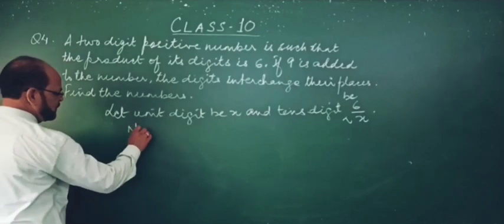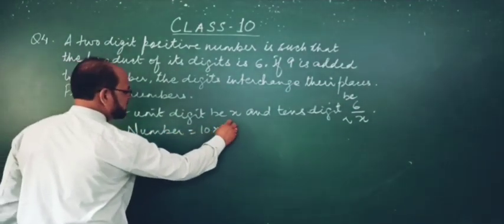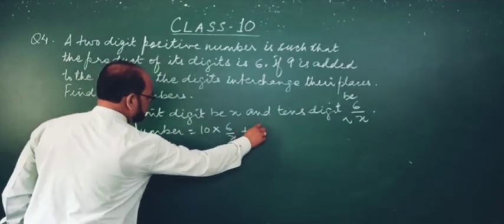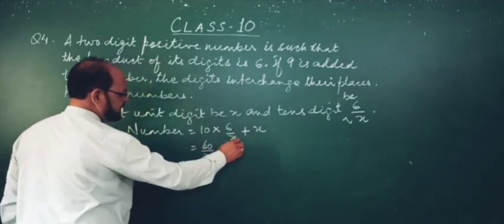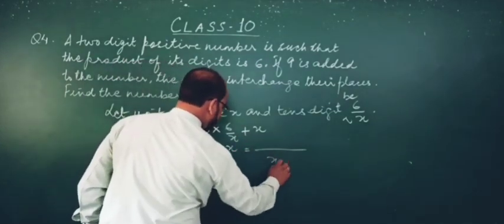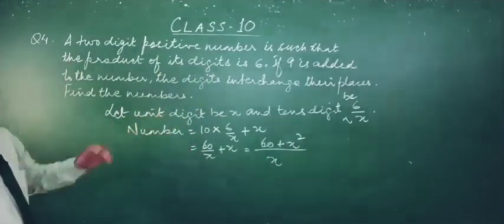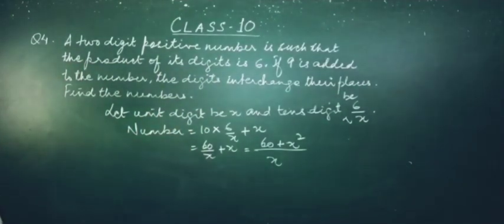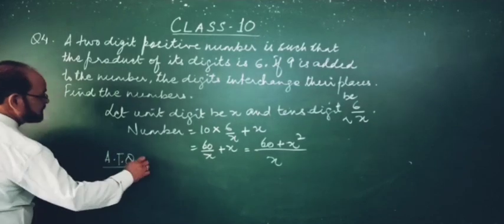Now we will write what the number is. To write the number, we write 10 times the tens digit plus the units digit. So it will be 60 upon x plus x. We will take LCM x, so it will be 60 plus x square upon x. This will be the number in terms of x. Now we will apply the condition. What is the condition?